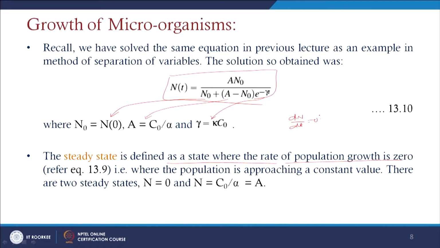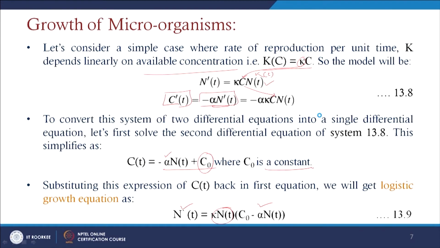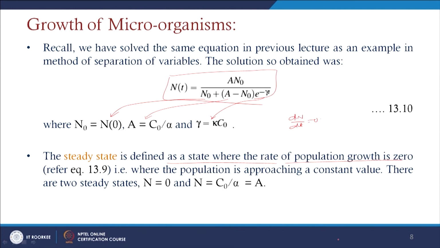If we consider our equation 13.9, n prime of t equals 0. Then we find that k n(t) equals 0, or c0 minus alpha n(t) equals 0. If k n(t) equals 0, since k is a proportionality constant and is not 0, obviously we get n equals 0.